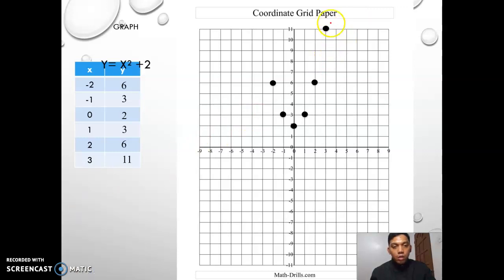So you can just draw a smooth curve connecting the dots. It's like this. A smooth curve. This is an unending process, so it must have an arrowhead. So that's one way of graphing the function.